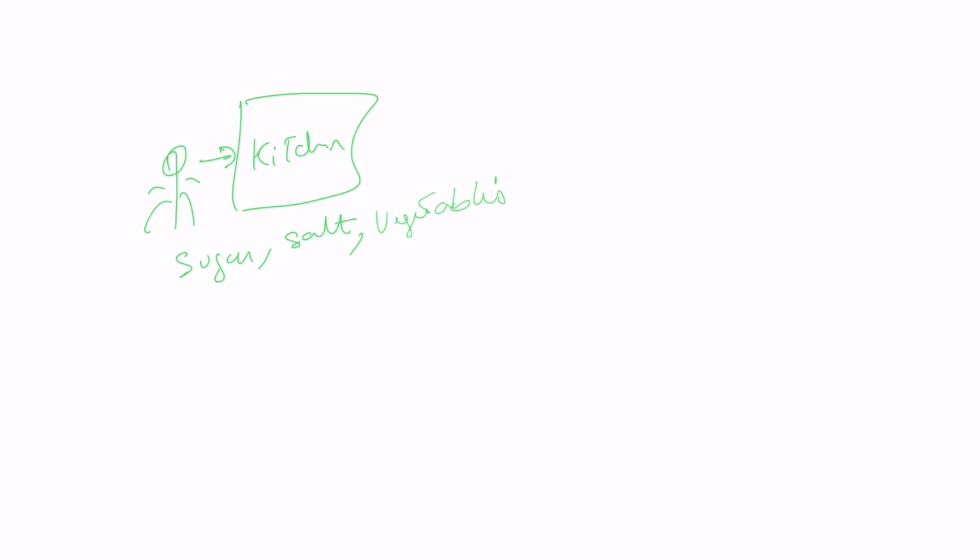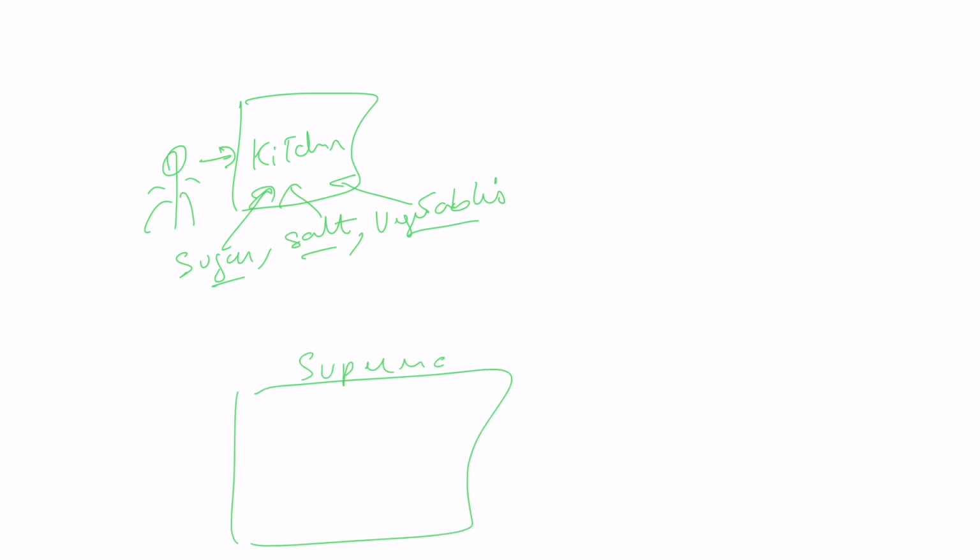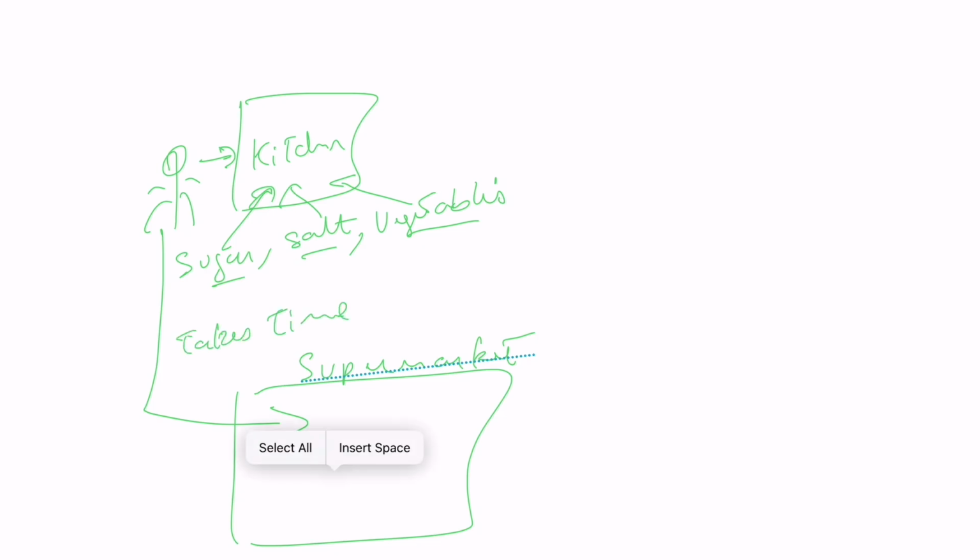If it's all available over here, you can directly start your cooking, correct? Now the problem is that once these are exhausted, you have to go to your supermarket, correct? Now when you go to a supermarket, it takes time, correct, right?